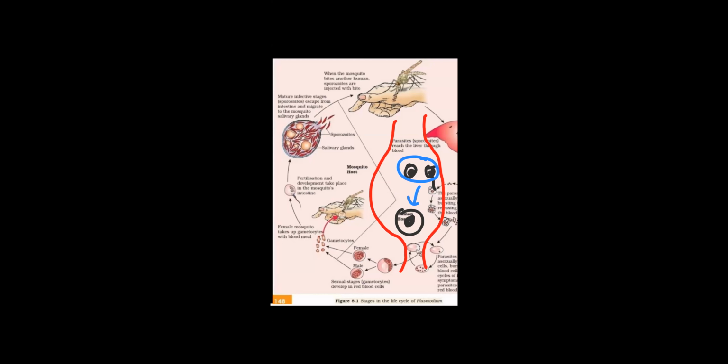This larval stage enters into the wall of the alimentary canal. This ookinete larva will enter into the alimentary canal wall and settle over there.